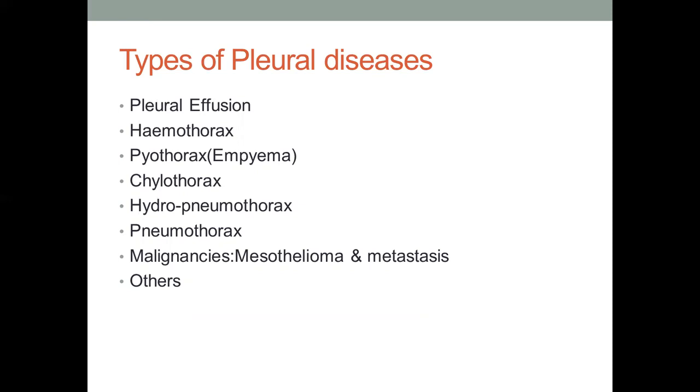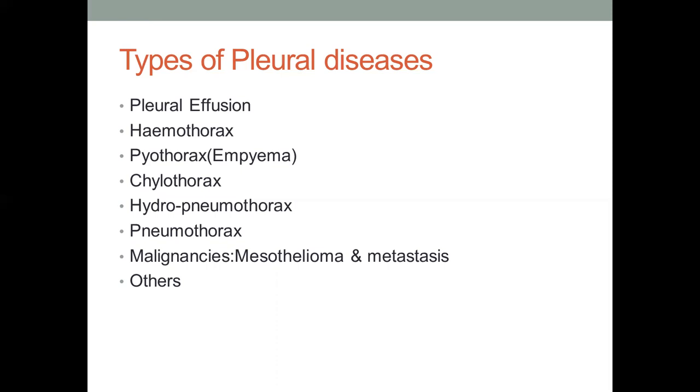When chyle comes due to any reason in the pleural space, that is called chylothorax. If blood and air both come in the pleural space, that is hemopneumothorax. In pneumothorax, air comes in the pleural space.